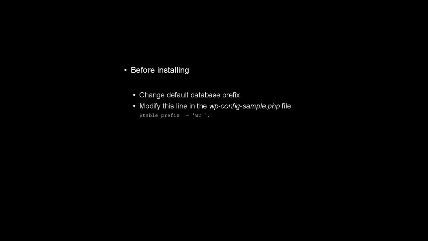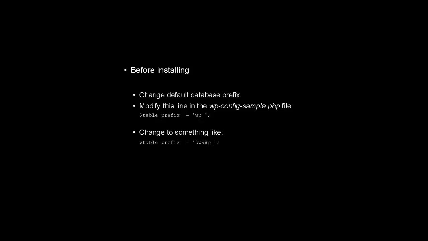You can easily do this by modifying this line here in the wp-config-sample.php file. What you want to do is where it says $table_prefix = 'wp_'; you want to change it to something that's a bit more complex.